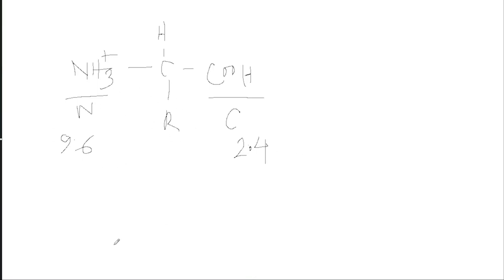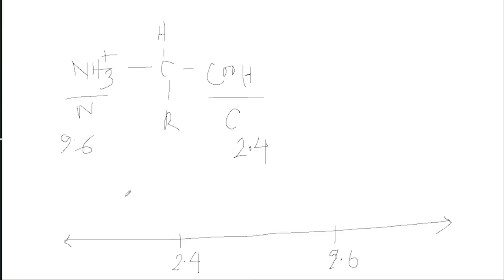So for the point line, let's imagine that it has three forms. So we're going to put the pKa values into the line. It's 2.4 and 9.6. All right. So until the solution's pH reaches 2.4, everything will be hydrogenated.